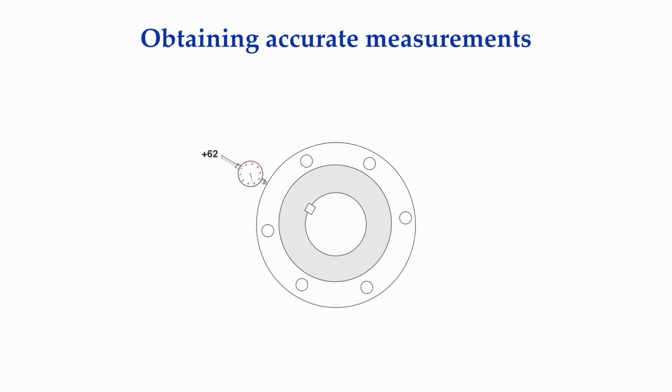Bottoming an indicator out when sweeping positive measurements, or the stem coming off the surface when sweeping negative measurements, is somewhat common, so you need to watch for both of these issues when taking your readings.